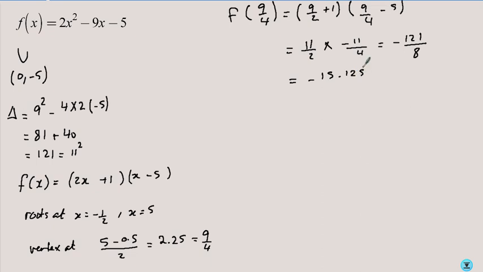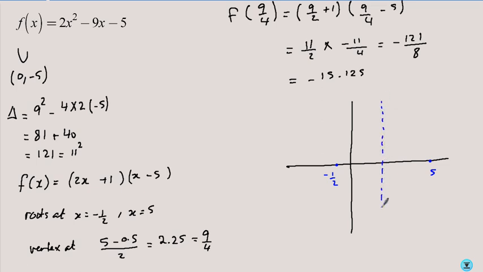Now we're ready to sketch. We have two roots. The first root is negative a half. The second is at 5. Halfway in between, more or less. This is 2.25.